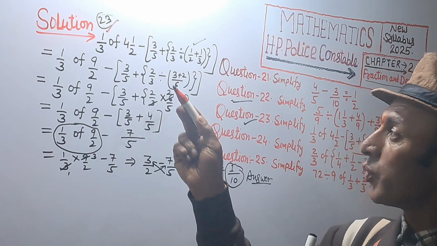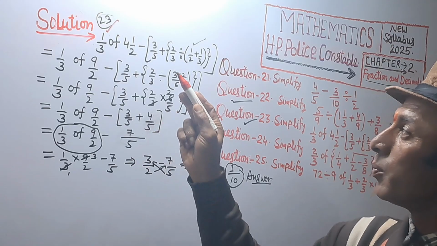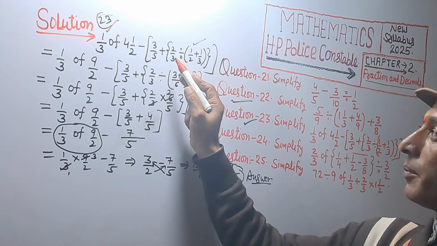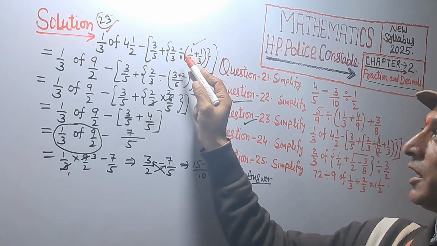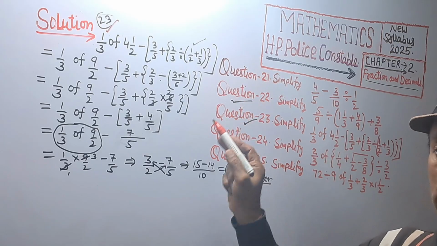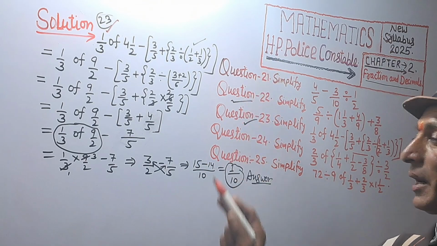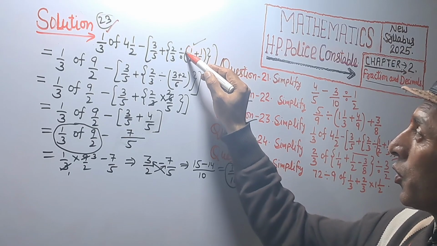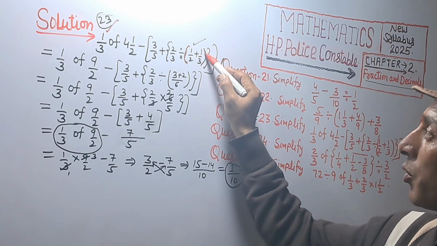Given question is 1/3 of 4 whole 1/2 minus [3/5 plus {2/3 divide (1/2 plus 1/3)}]. First we solve 1/2 plus 1/3.